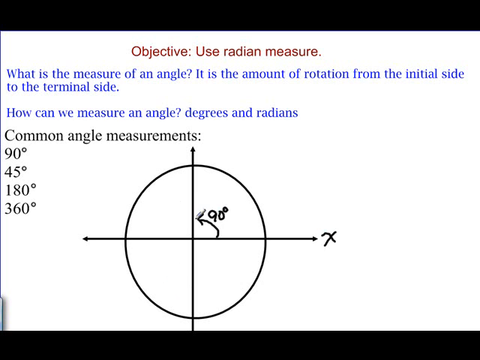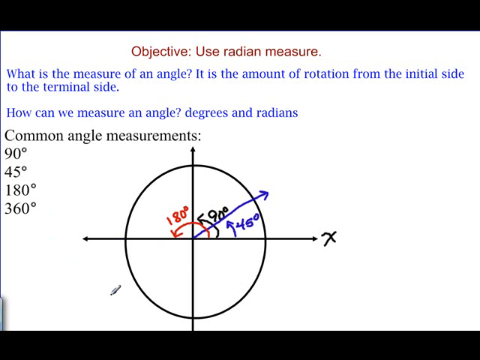What about a 45-degree angle? Yeah, 45 degrees means that we're going to rotate it halfway between the x-axis and the y-axis, so just approximating here, that would be a 45-degree angle. You could certainly use a protractor and get this very precise. 180 degrees would be if we rotated from the initial side fully back around to the other part of the x-axis, so that would be 180 degrees.